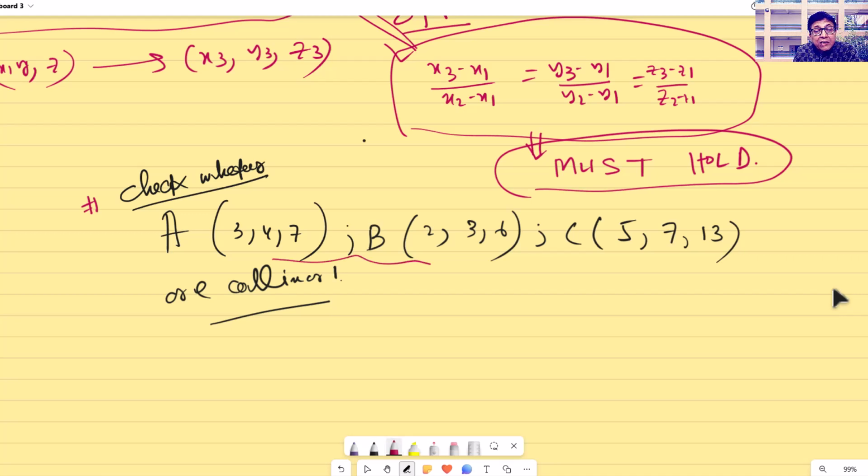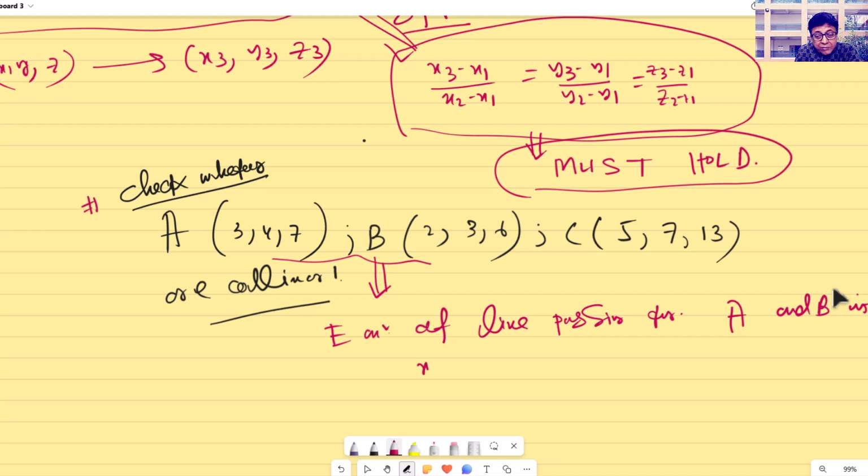We write the steps I told you. First write the equation of line here. So equation of line passing through A and B is what? (x minus 3) by (x2 minus x1), (y minus 4) by (y2 minus y1), (z minus 7) by (6 minus 7).